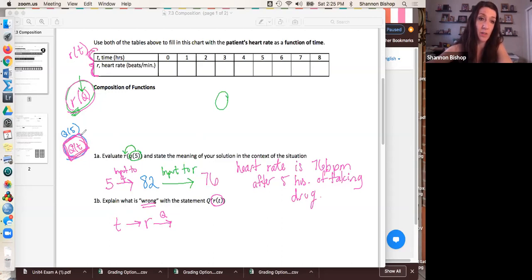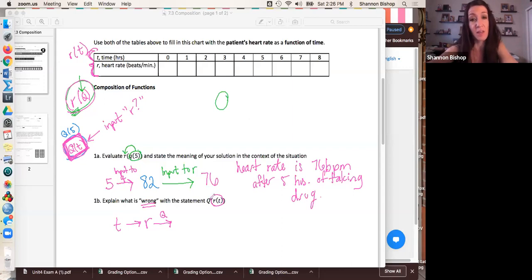And according to the notation of that, does that formula allow for you to input R? Does that function say, hi, I'm the function Q, and I accept inputs of R? No. For that function to work, it has to be the drug as a function of time. It's not the drug as a function of heart rate. That's not a valid function.